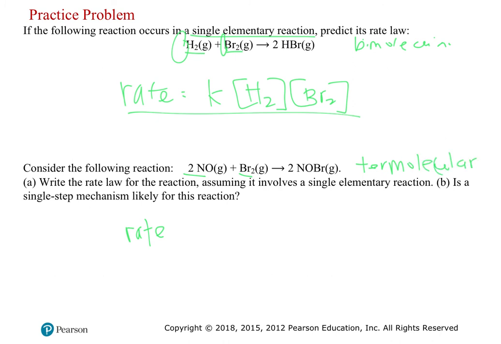Now, is that common? No, so it's unlikely. Though if it did happen, it would be nitrogen monoxide squared times bromine to the first power. Now that is what the rate law happens to be experimentally, but not because it's termolecular. So it doesn't happen in a single step.